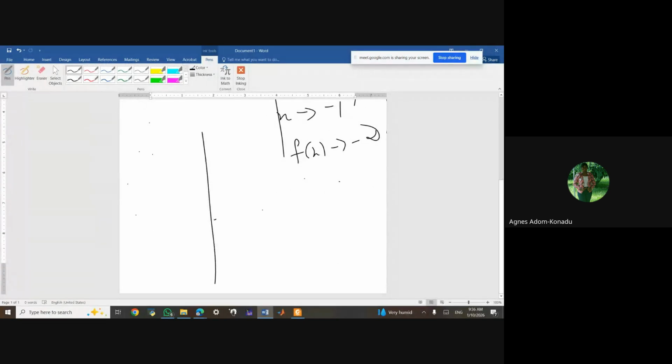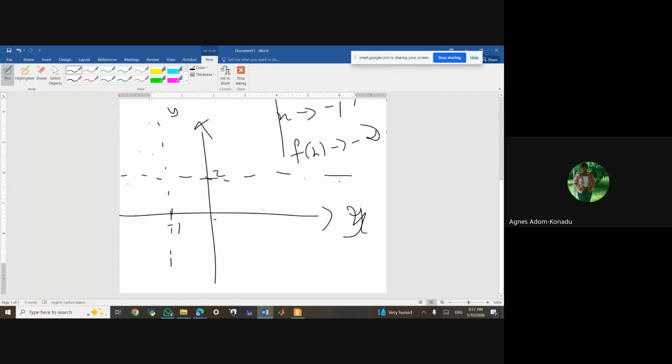The graph is like this. You have y, you have x, and you have the horizontal asymptote y equal to 2, so this is 2. The vertical asymptote x equal to negative 1.